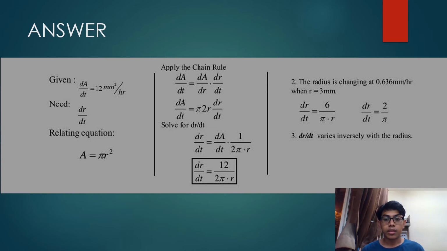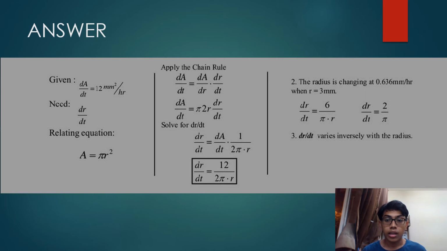Assalamualaikum. My name is Aiman Rafiq Hasanuddin. For question 2, the question asks how fast r is changing when r equals 3 millimeters. Based on the first question, the final answer we got is 12 over 2 pi r, which we can simplify to 6 over pi r.